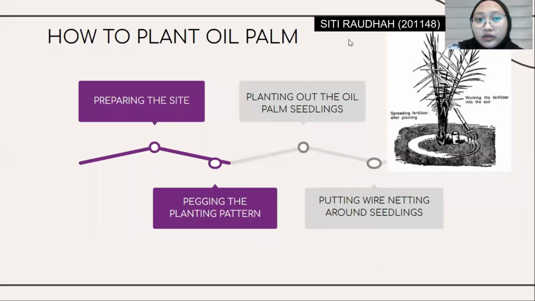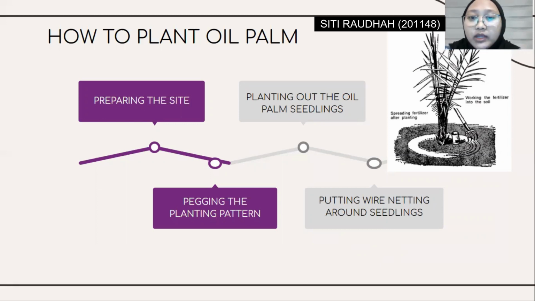Next, for how to plant the oil palm, firstly we prepare the site. We need to begin by marking the boundary of the plantation, which is the area that we chose. Next, we peg the planting pattern, so that the plants are not too close together and it looks neater.